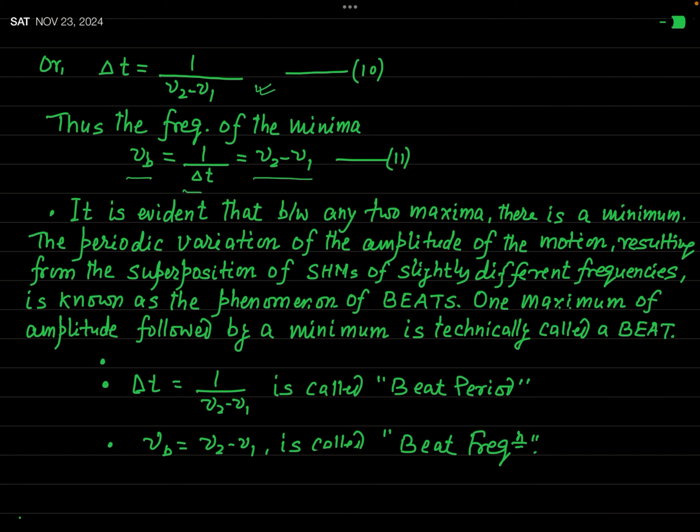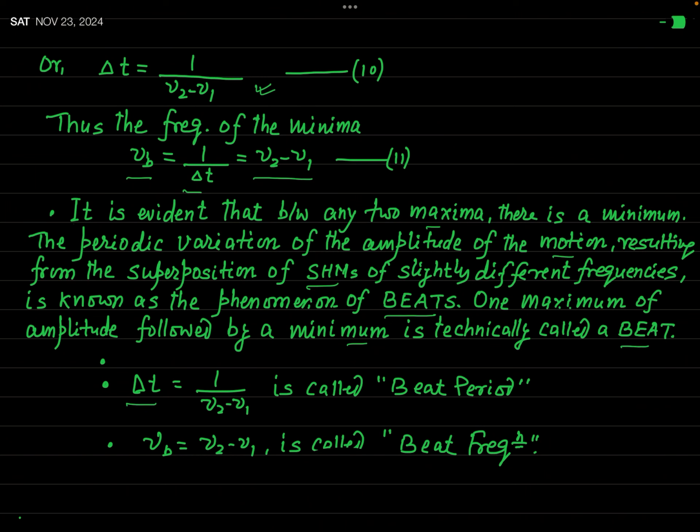So now you can see that between any two maxima there is a minimum, and the periodic variation of amplitude of the motion resulting from superposition of simple harmonic motions of slightly different frequencies is known as the phenomenon of beats. This alternate variation of amplitude of the oscillation is actually called beats. Actually, one maximum of amplitude followed by a minimum is technically called a beat.